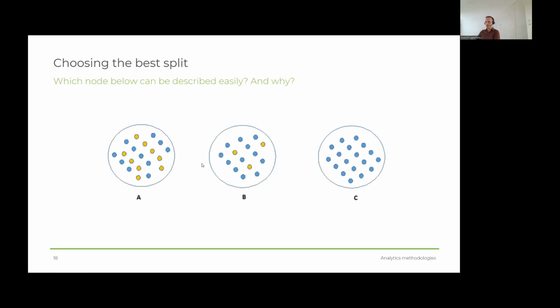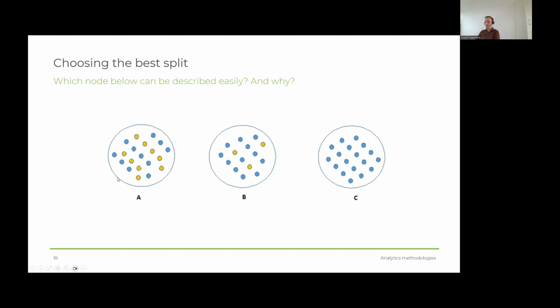Right now, the question is, of course, how it chooses a split. I won't go into the mathematical details, but I just want to give you a feeling for how it chooses. First of all, what should be the target when we do a split?